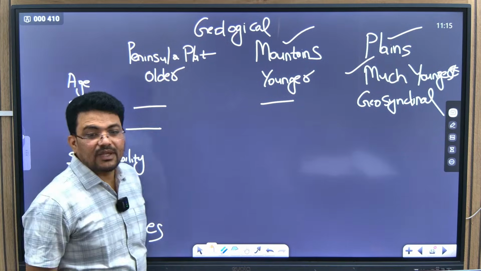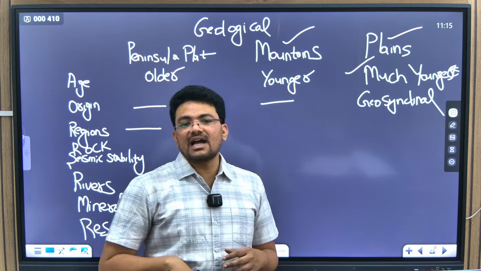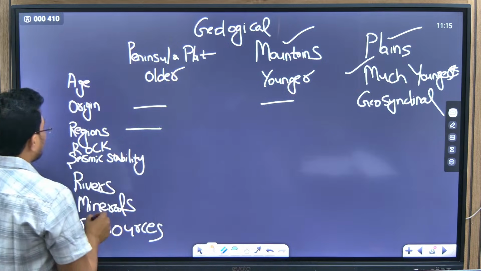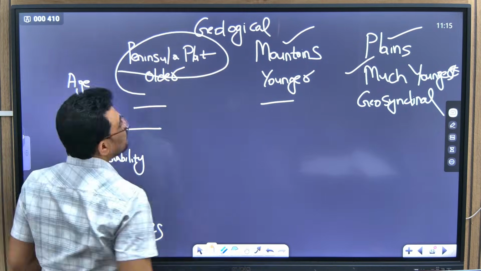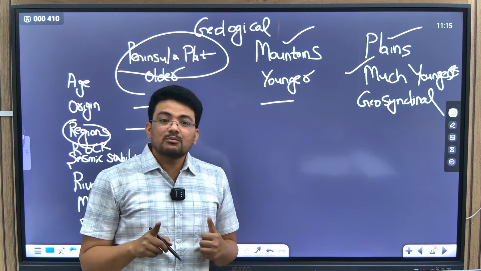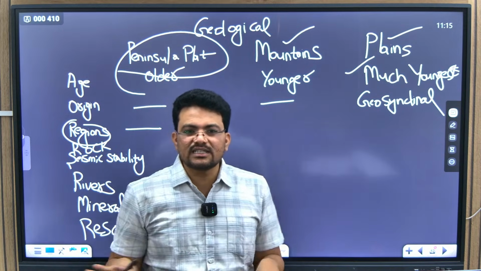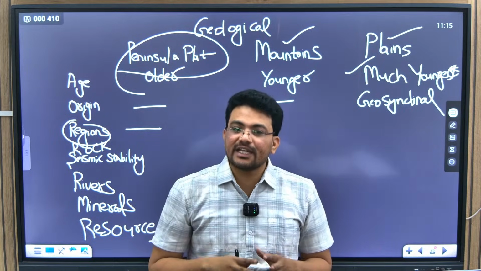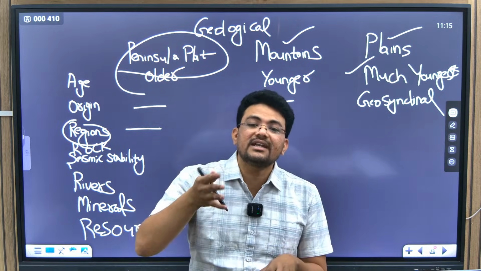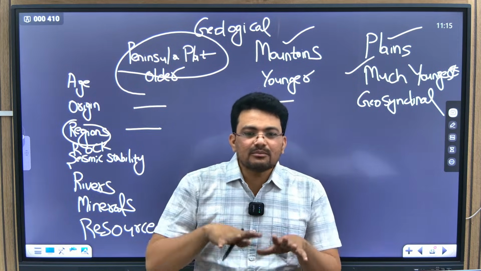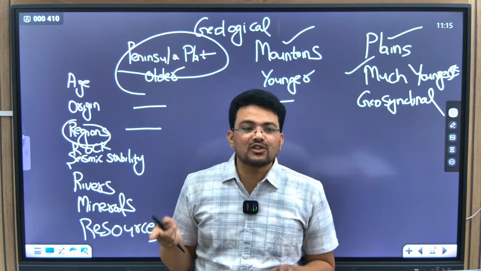Now regions. See, if you look at India, what are the regions that are covered? You will be very surprised to know that you can see the peninsular plateau up to the Rajasthan region. See, from the bottom there is no desert, which means it is a part of the peninsular plateau. Later on it is filled with sand, and that we call from outside a desert. So Rajasthan is also a part of the peninsular plateau.